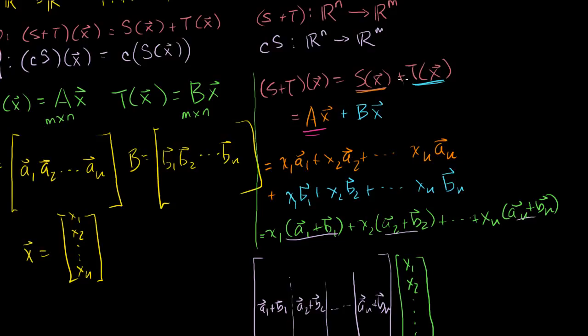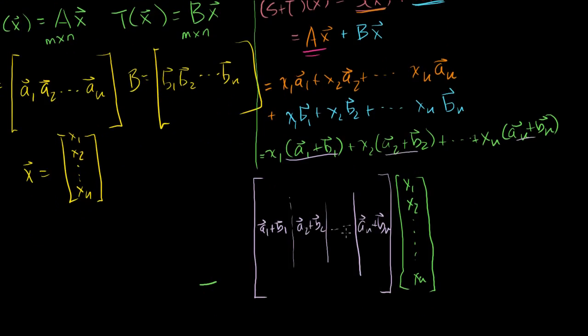The addition of these two transformations created a new transformation that is essentially some matrix times my vector. And that matrix ended up being the sum of the corresponding column vectors of our two original transformation matrices, right? This new matrix that I got, and I haven't defined matrix addition yet, but we got here just by thinking about vector addition. This matrix is constructed by adding the corresponding vectors of the matrices A and B.